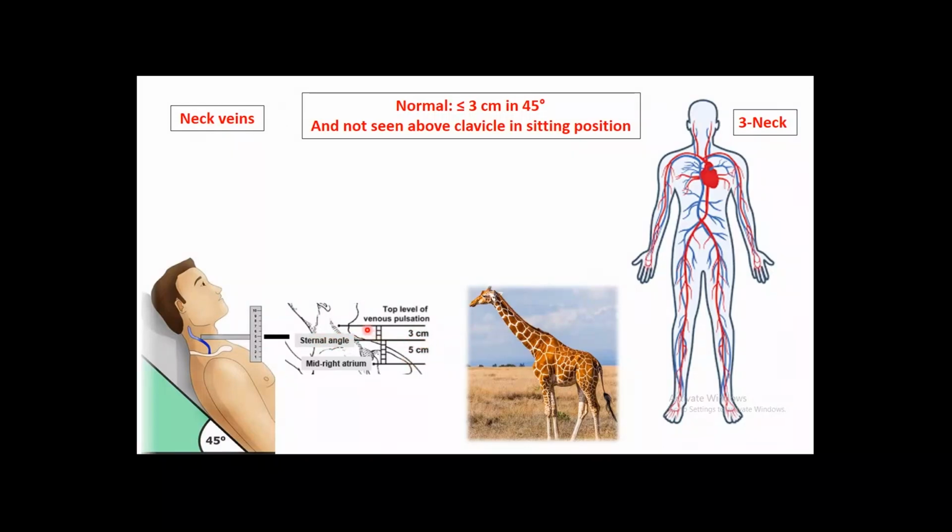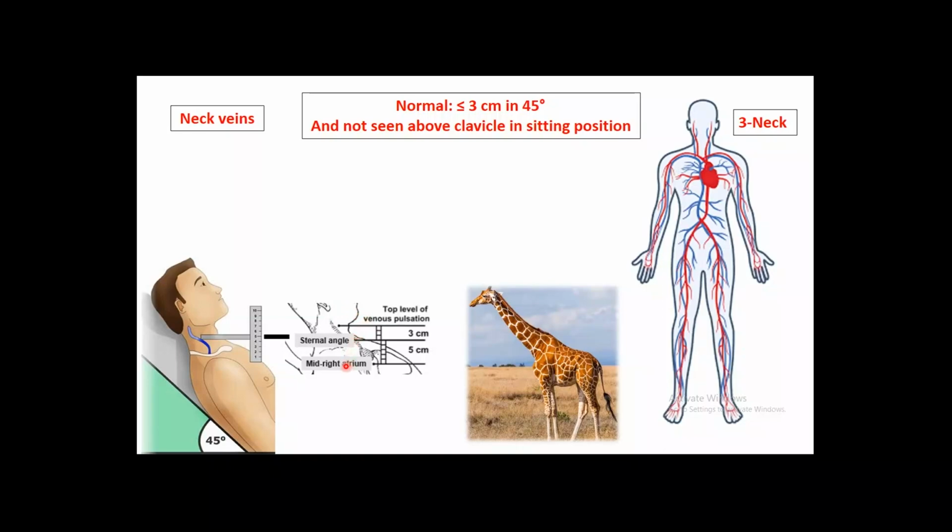So an elevated column of blood in the internal jugular vein above 3 centimeter while the patient is seated at 45 degrees is abnormal, denoting marked right atrial pressure and volume overload.